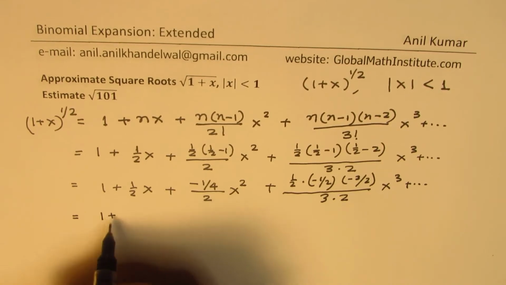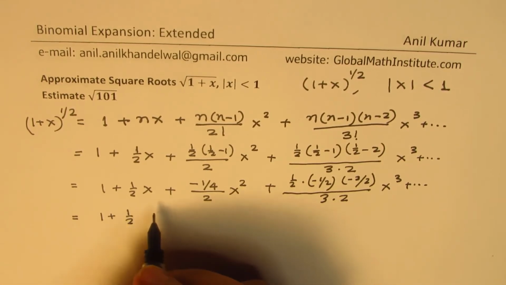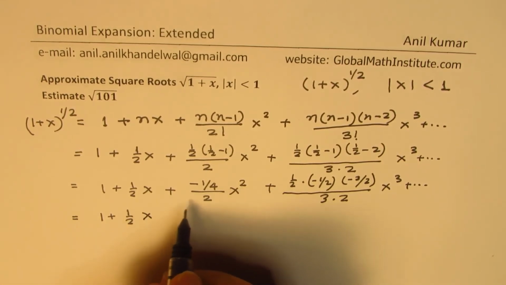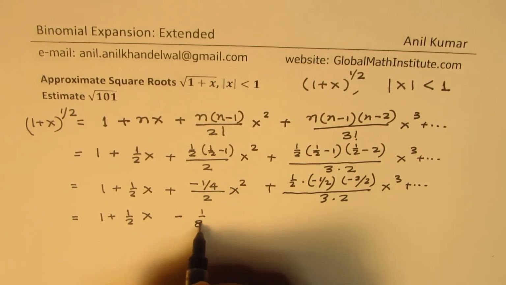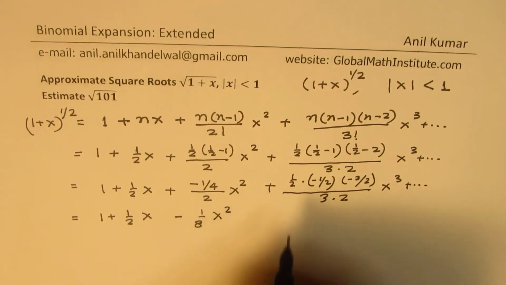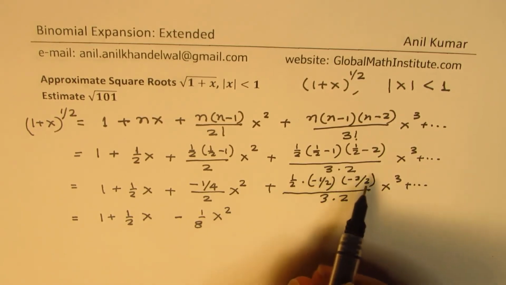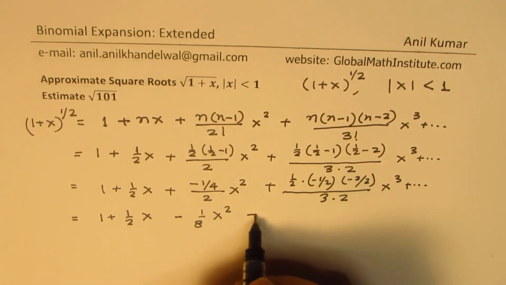So we get 1 plus half x, and here we get minus 1 over 8 x squared, and here minus and minus becomes plus.